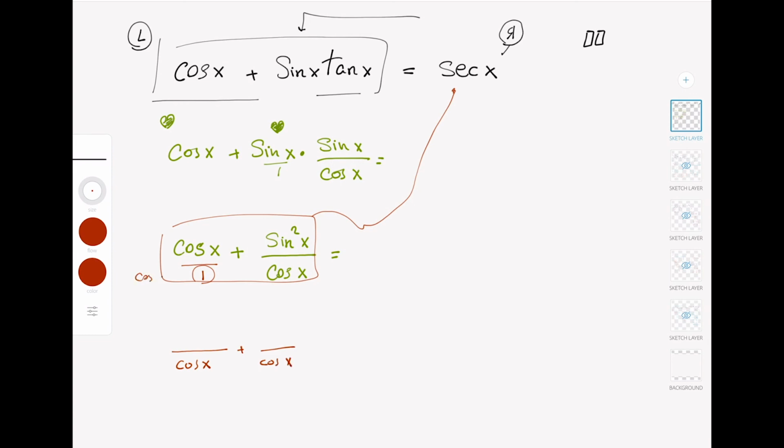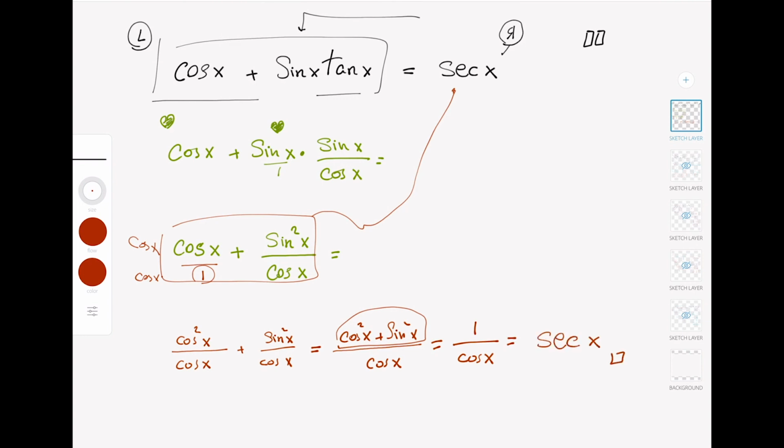So I'm going to multiply by cosine x: we get cosine square of x plus sine square of x, and now I write it in one fraction, cosine square of x plus sine square of x divided by cosine of x. This is our favorite identity, which is 1, so we have 1 divided by cosine of x, and 1 over cosine of x is secant of x. So we proved this as well.